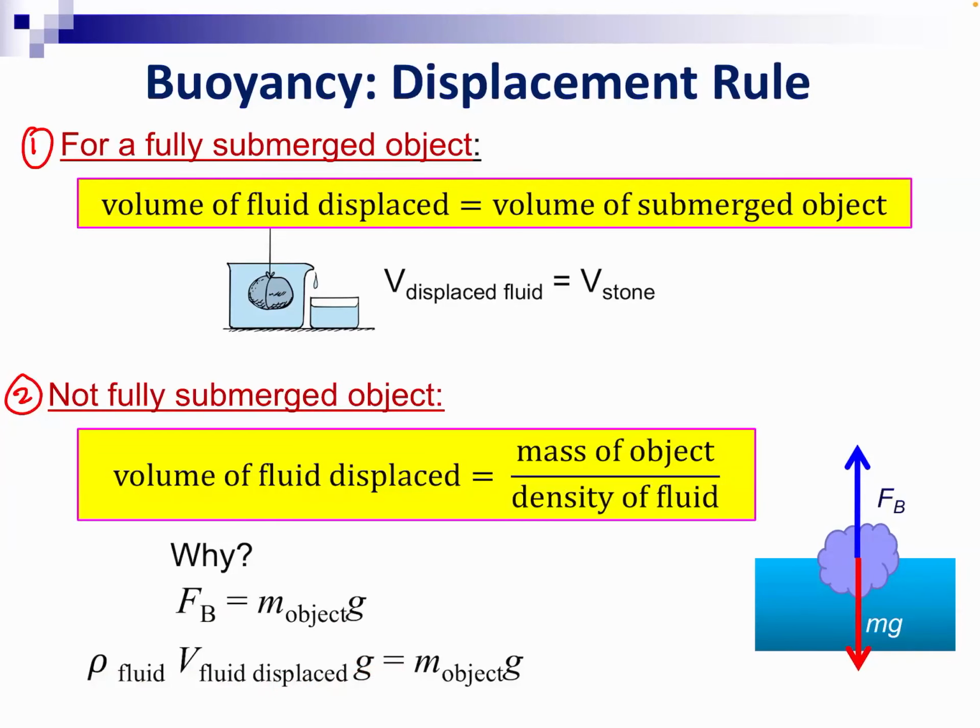G, of course, will cancel on both sides of the equation, giving you a way to determine the volume of the fluid displaced. It's the mass of the object, which you can find by weighing using a scale, divided by the density of the fluid, which is a property of the fluid.